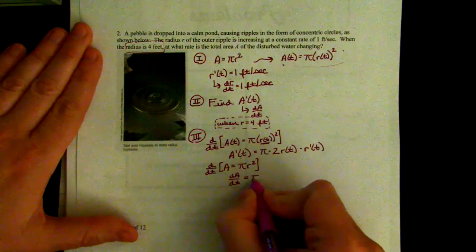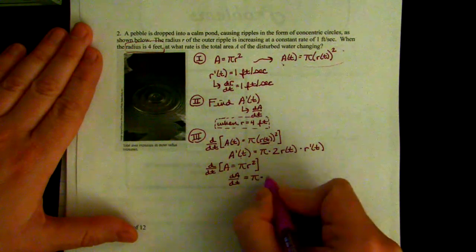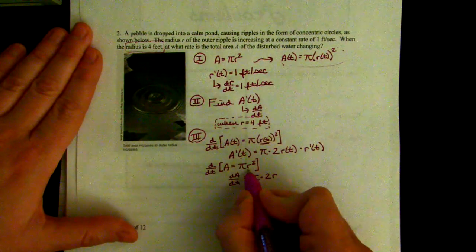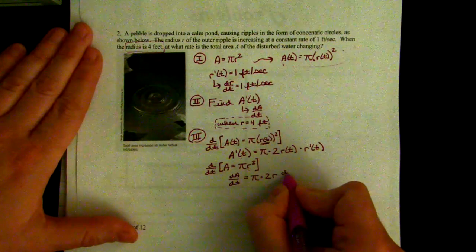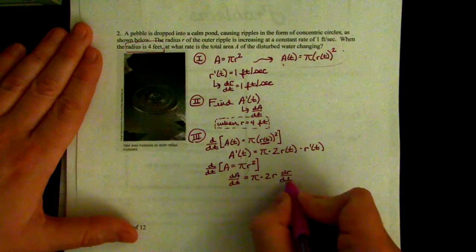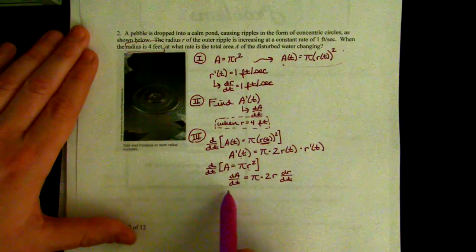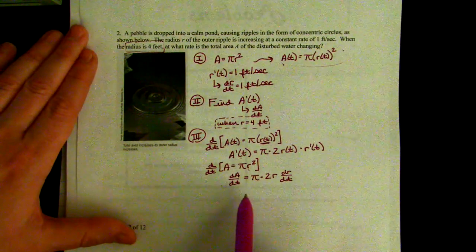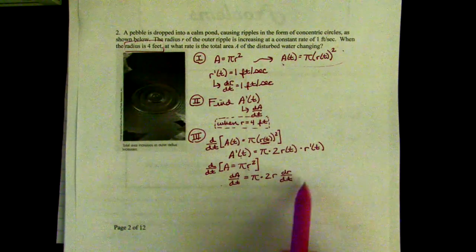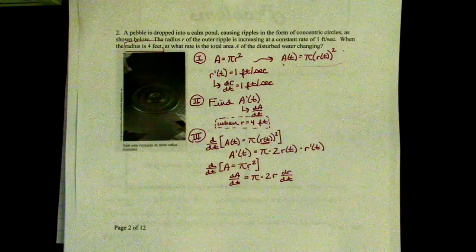The derivative of the other part is pi times the derivative of r squared, which is 2r times the derivative of r, because r is really a function of time, dr/dt. These have the exact same meaning, but this is a little bit less cumbersome to write out, and this is really the notation we're going to be using for our related rates problems.